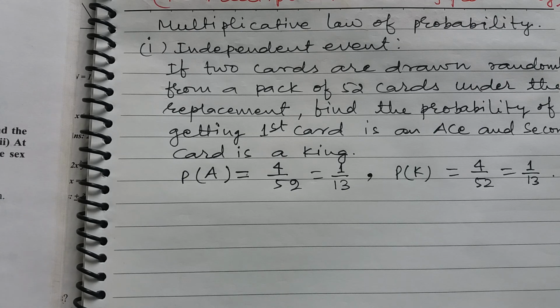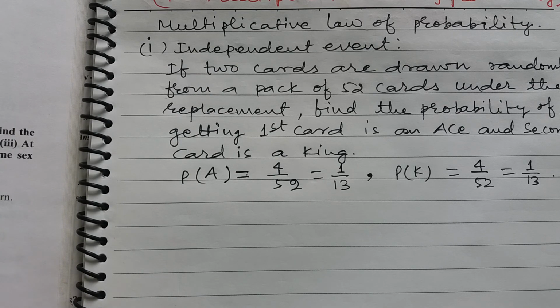Because first event is not affecting the second one in any way, then they are called independent events. So getting first card and getting second card are two different events and they are independent.